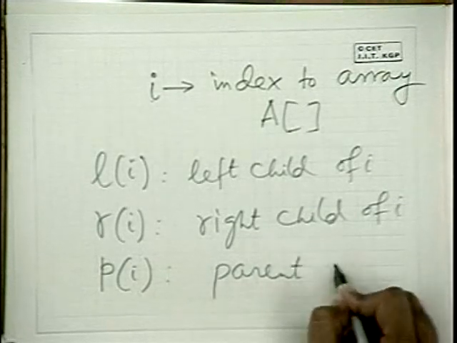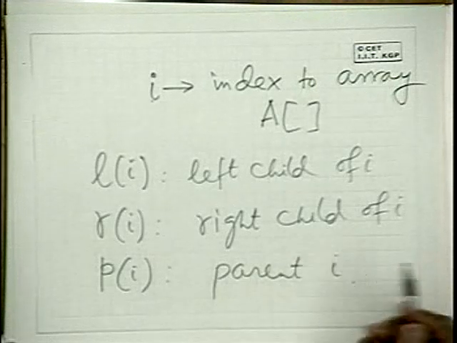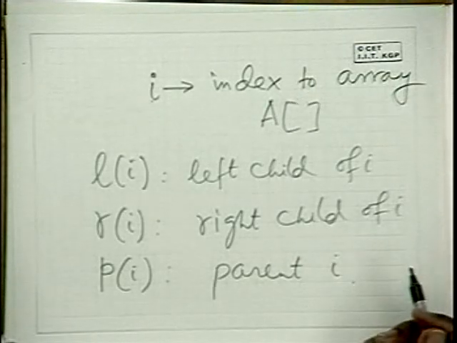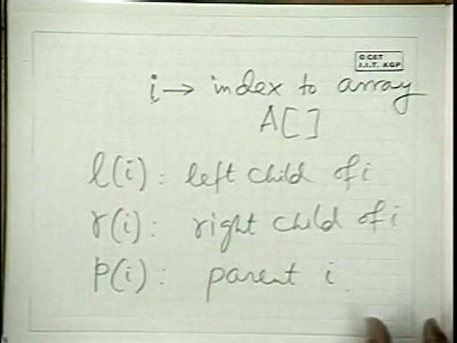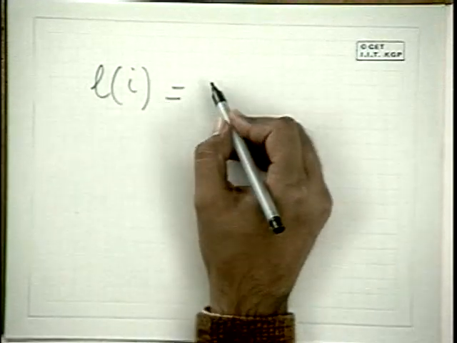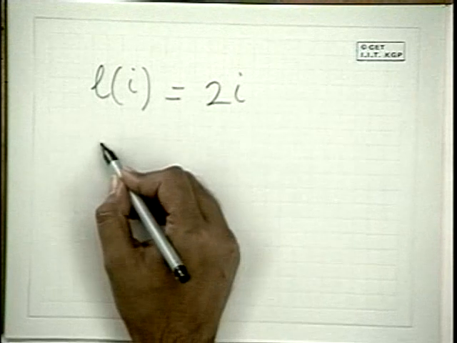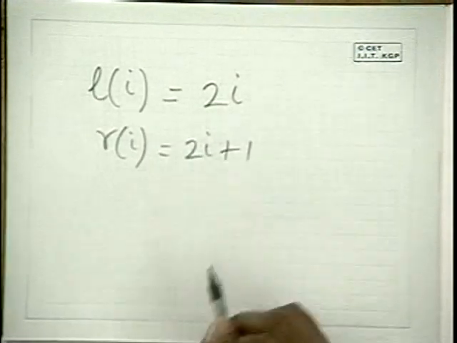I don't have to explain what these mean, because you already know what is a left child, a right child of a node in a binary tree, and what is the parent of a node. Now, if I is there, how do we embed Li, Ri, and Pi? The simple formula is Li is 2I, Ri is 2I plus 1.